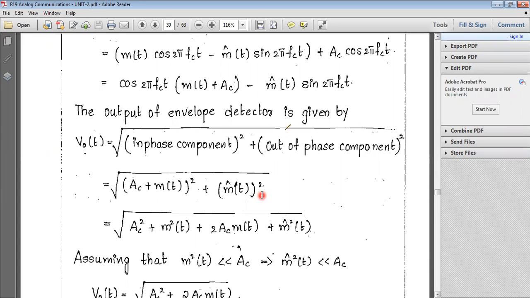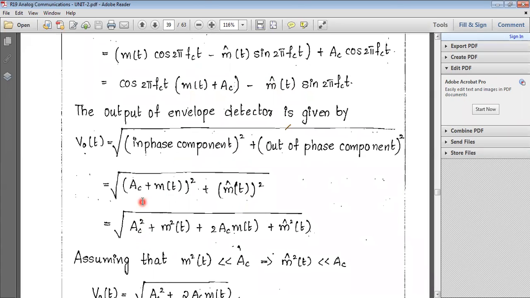To calculate the envelope detector output, we considered the square root of the in-phase component square plus the out-of-phase component square. So the in-phase component square is nothing but AC plus m of t whole square, and out of phase is nothing but m cap of t, m cap of t whole square.